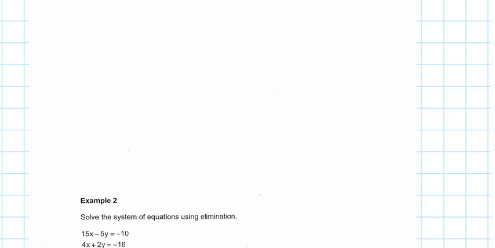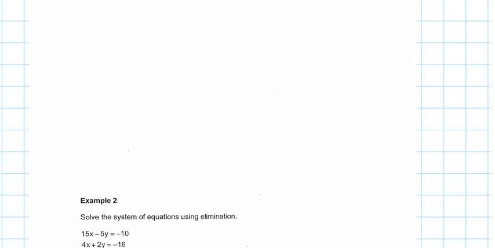In order to do that, I have to do something to my equation to make at least one of the coefficients the same. And that thing is usually multiplying. So I multiply the equation by a number so I can make one of the coefficients the same.